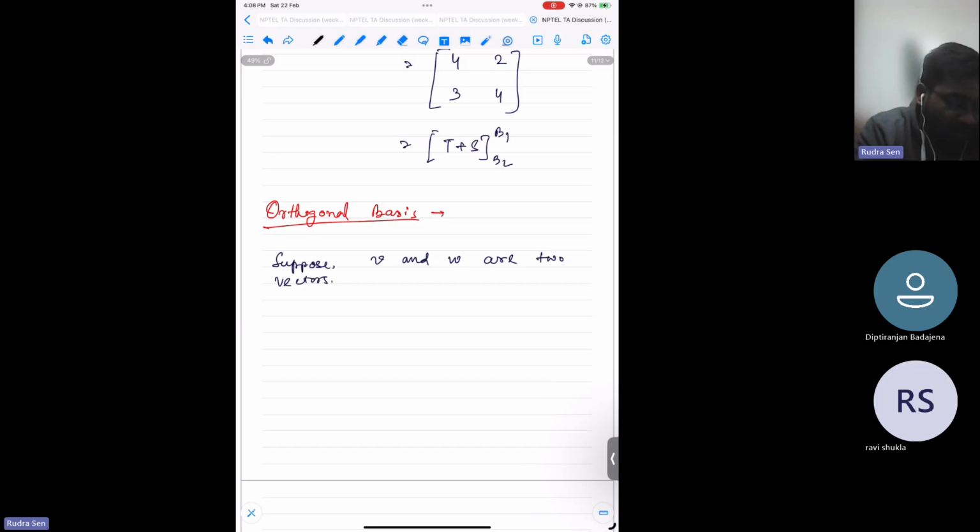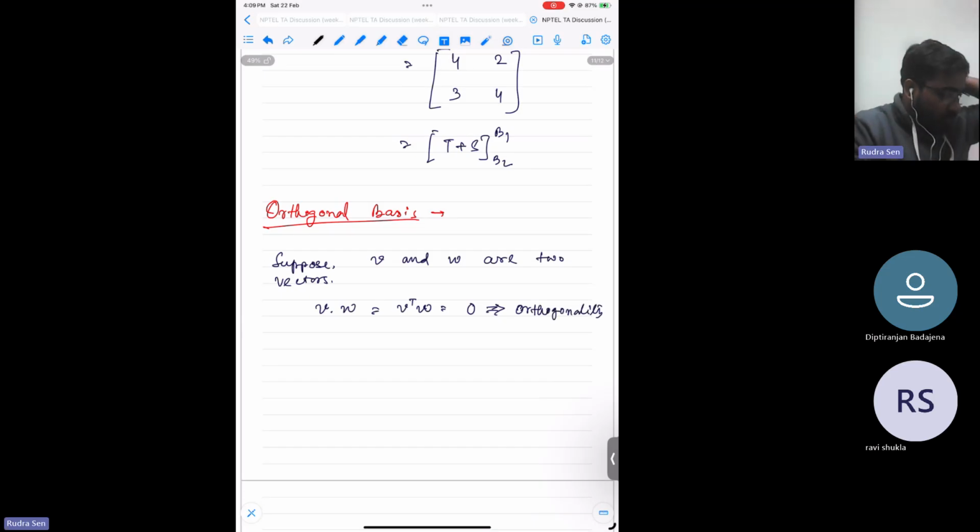That means, how do we compute the orthogonality of these two vectors? How do we find out the orthogonality of these two vectors? You are given these two vectors, and whether they are orthogonal to each other or not. In that case, if the dot product of V and W, which is basically V transpose W, is 0, this signifies orthogonality.